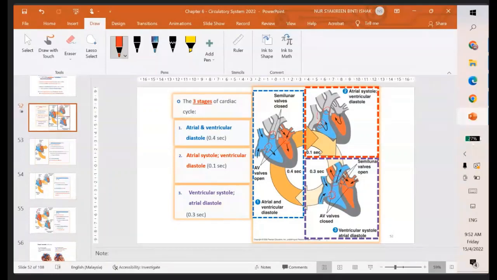Chamber mana buka, chamber mana tutup, valve mana buka, valve mana tutup. Saya rewind balik, which chamber relax and which chambers contract macam tu. Okay, so, kena tahu mana chamber relax and contract, mana valve yang buka, mana valve yang tutup. You have to know all these 3 stages of the cardiac cycle. Okay. So that one, question 19 is A.